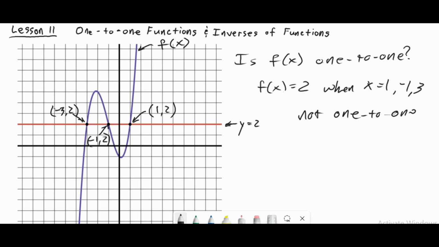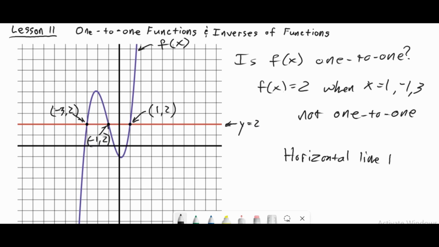If we draw a horizontal line anywhere on the graph, and that horizontal line crosses over the graph in more than just one place, then we know that that particular function, that graph, is not one-to-one. So we call it the horizontal line test.